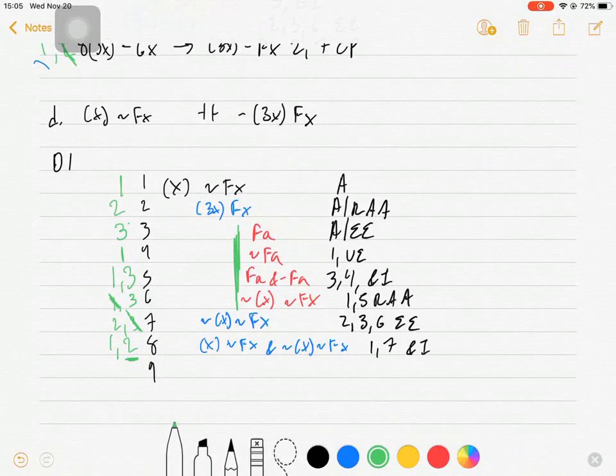So we're able to go back to 2, and we're able to discharge 2, and say that's not the case, the EX, FX, and that's due to 2 and 8 RAA. Then we write down a 1 and 2, and discharge the 2. So this is how to do direction 1.